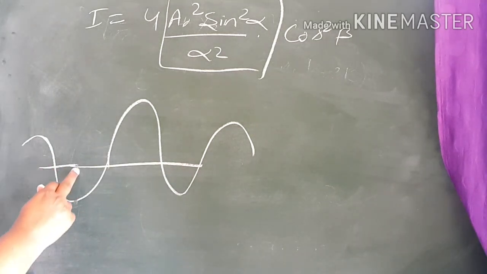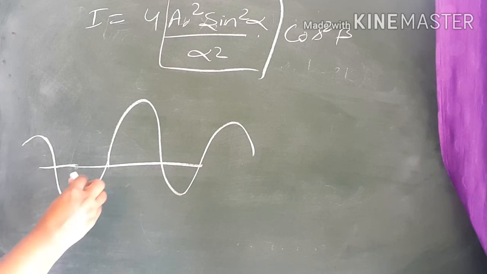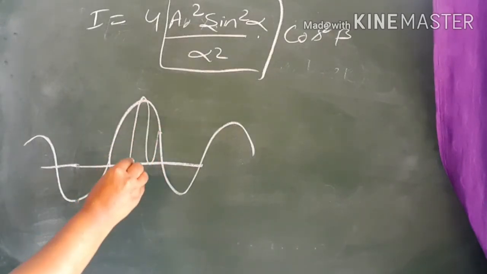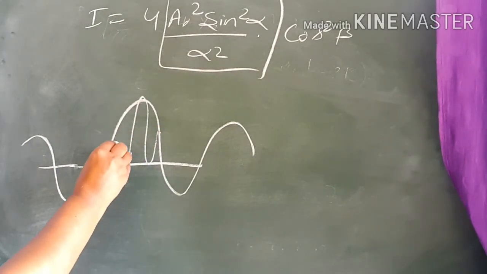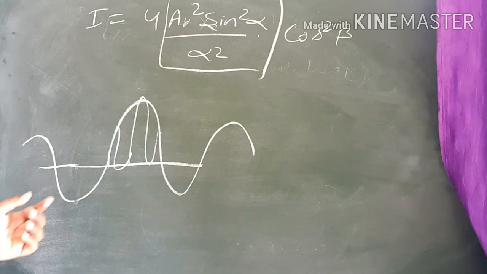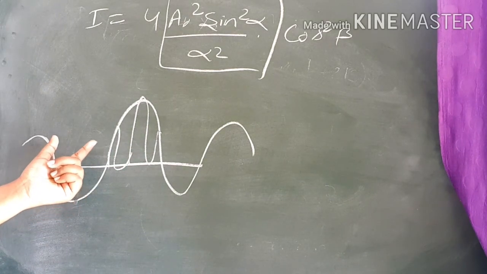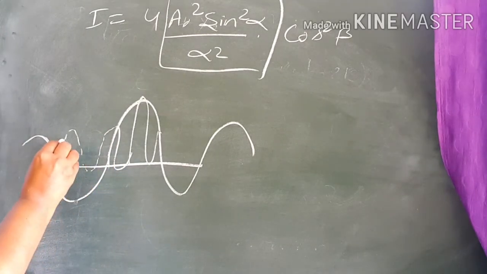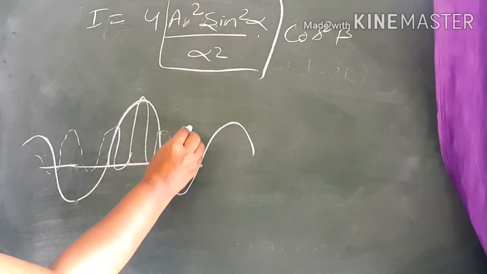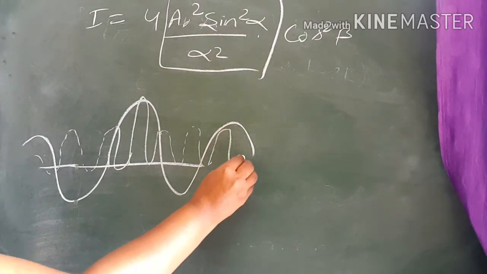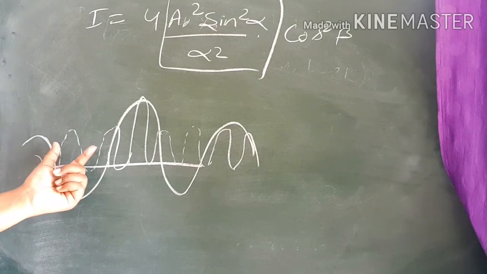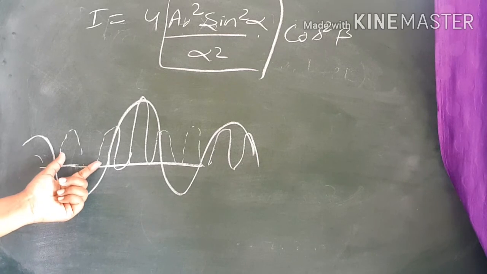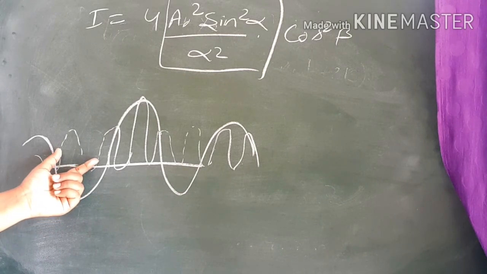This is the minima due to diffraction, and we know interference fringes lie in between. These maxima of the interference are missing because here the condition for diffraction minima is also satisfied.